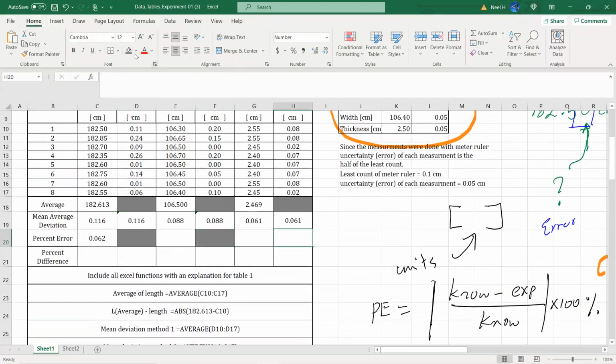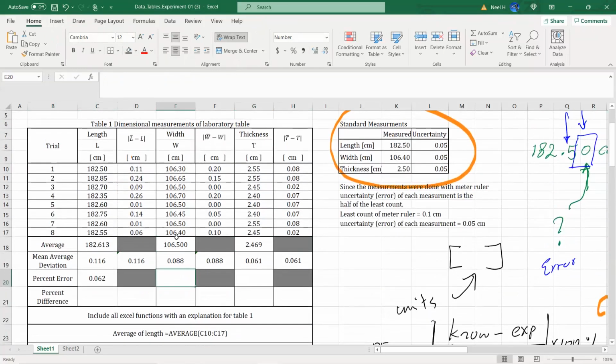We can do the percentage error for the width and thickness because there's an expected value, right? Equal open bracket ABS, open another bracket, width expected value K9 minus width average K18, close bracket, divide by K9, close bracket, multiply by 100.